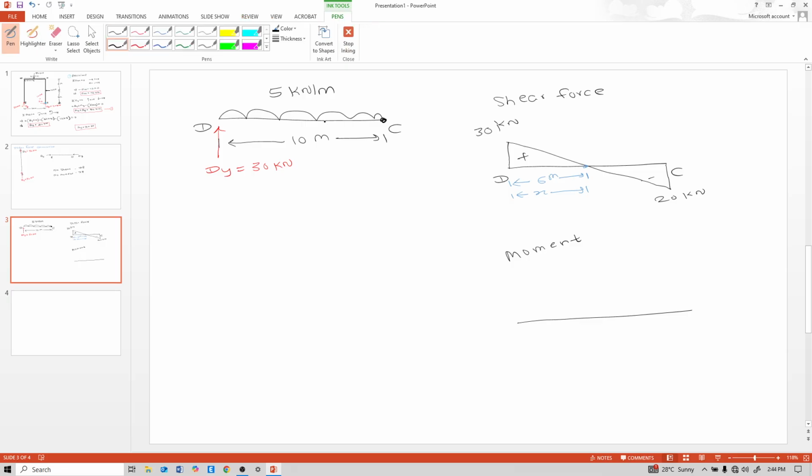We need to calculate here at 6 meters. See, this distance is 6 meter at the middle portion. So this is clockwise to that point, so positive 30 into 6 minus 5 into 6 into 6 by 2, it is 90 kilonewton meter moment.